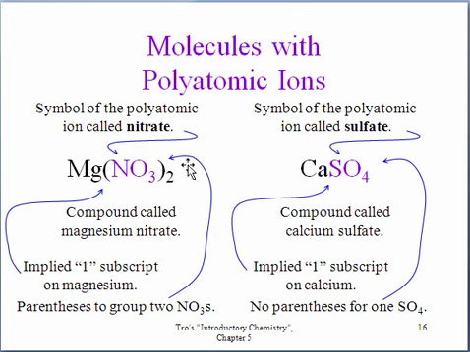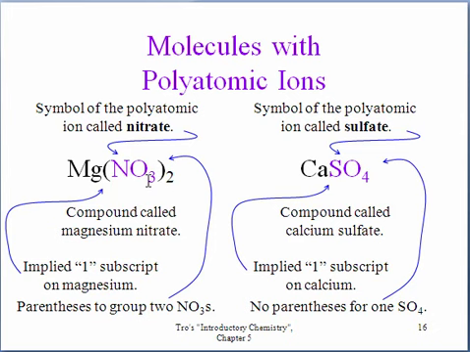So what does this mean in the overall formula in terms of number of atoms? Well, it means that if we look at this formula, there is 1 magnesium and actually 2 nitrogens, because there are 2 of the nitrates, and 2 times 1 is 2.